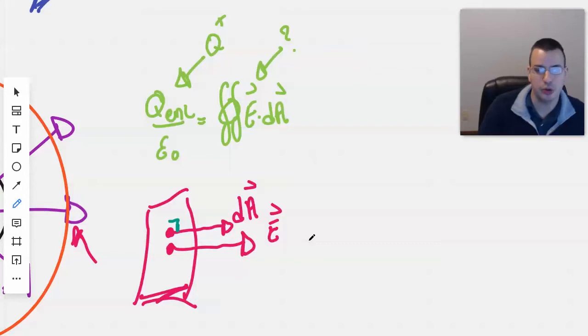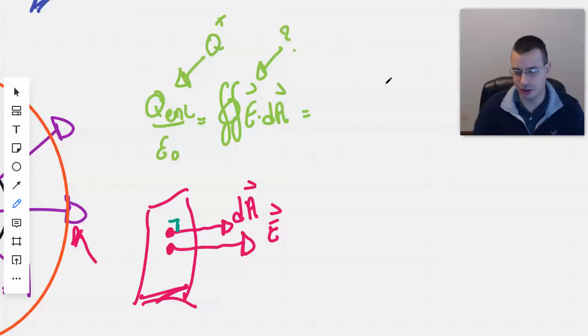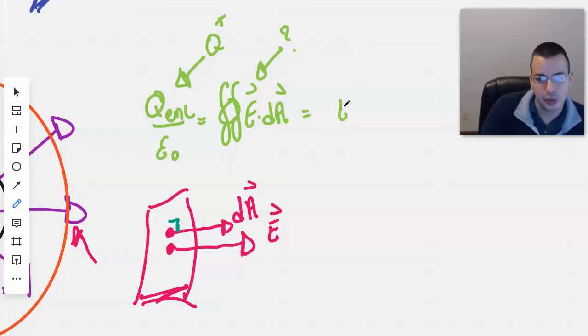And so if something is a constant, you can pull it out of the integral. If you have the integral of 2x squared, it's the same as 2 times the integral of x squared. So we can pull out the electric field.